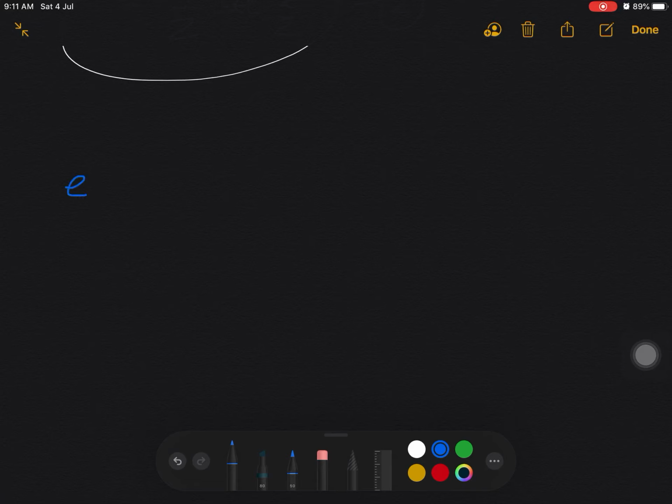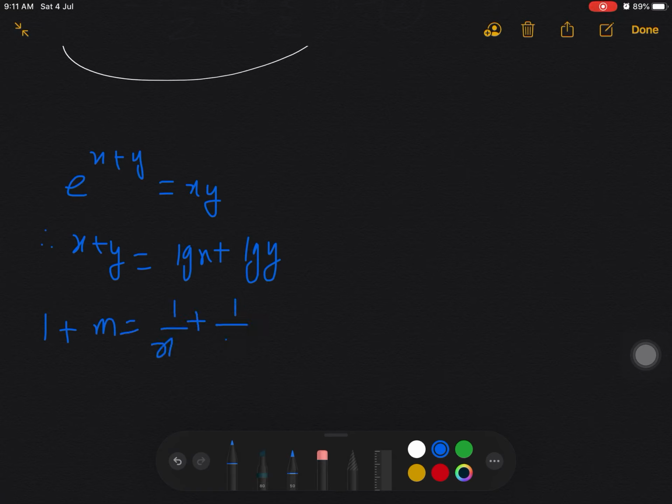So e to the power x plus y is equal to xy. If we take log, we will get x plus y is equal to log x plus log y. So directly differentiating it, we will get 1 plus the slope is equal to 1 by x plus 1 by y into slope.